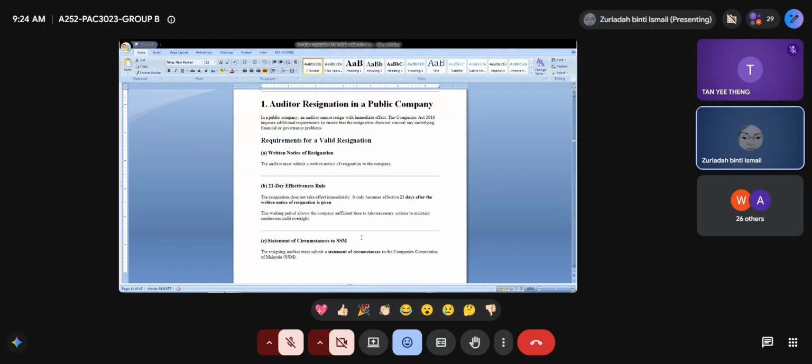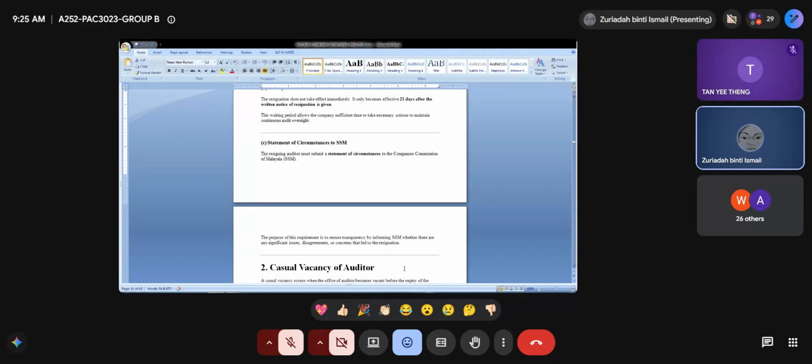Okay, right. So then this resignation must also be supported with a statement. It means that the resigned auditor is required to submit a statement of circumstances to the Companies Commission of Malaysia or the registrar.